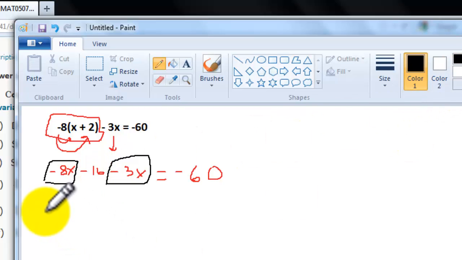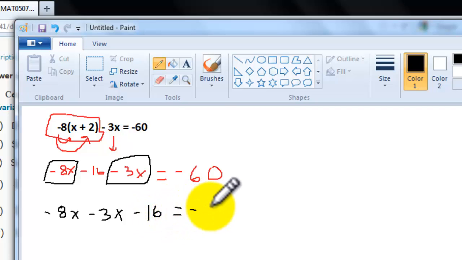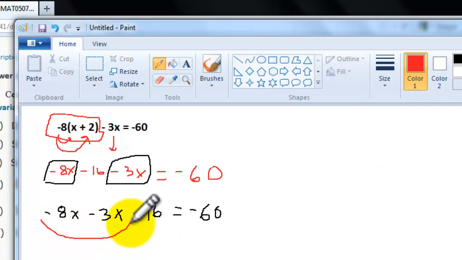So we will rewrite this as -8x, just so that you can see it better. Move that one. And of course, always take the sign with the number. And we're going to move the -16 equals -60. I just rearranged things.